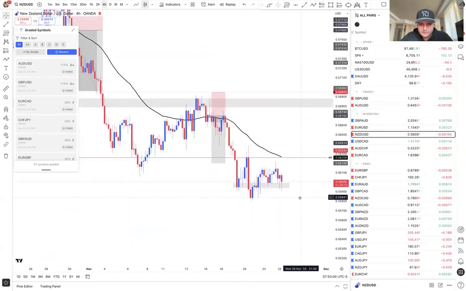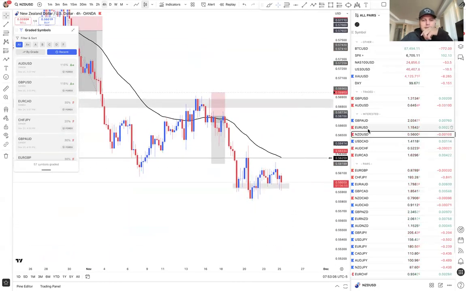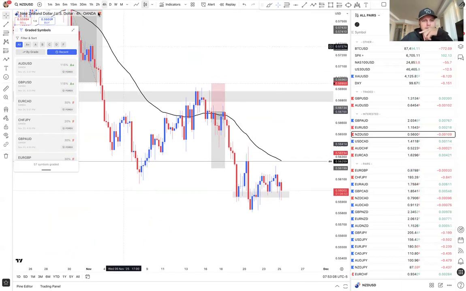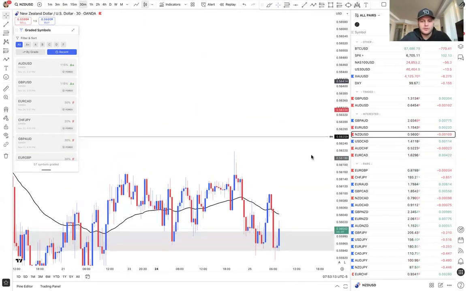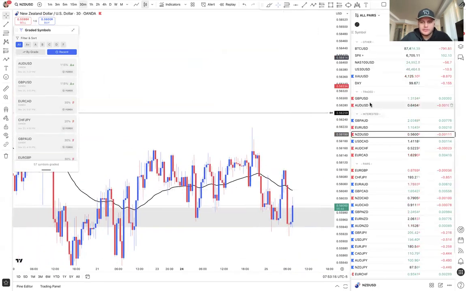These ones, NZD USD, all require lower time frame confirmation, like a lower time frame break and retest.